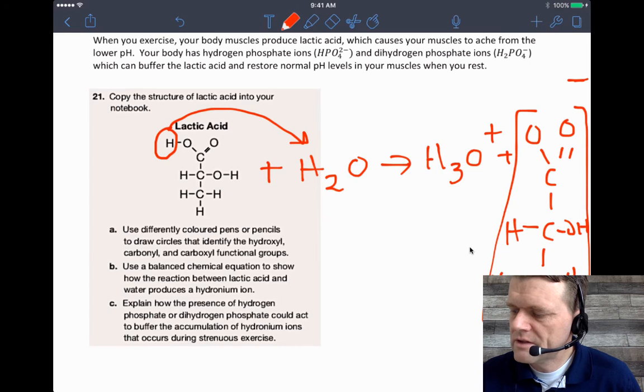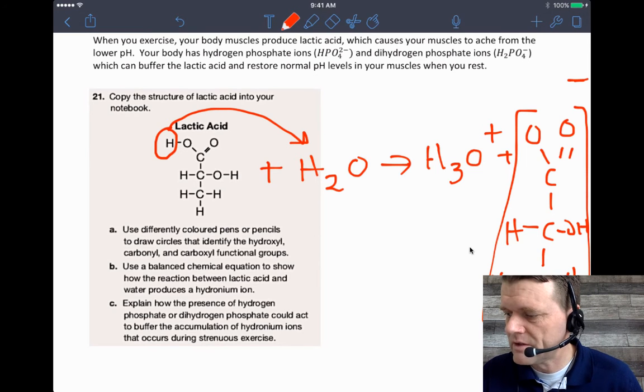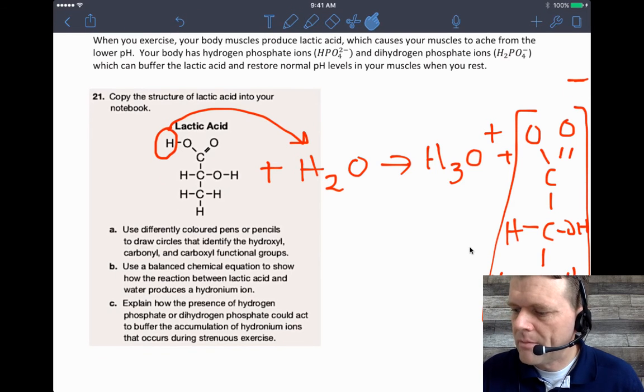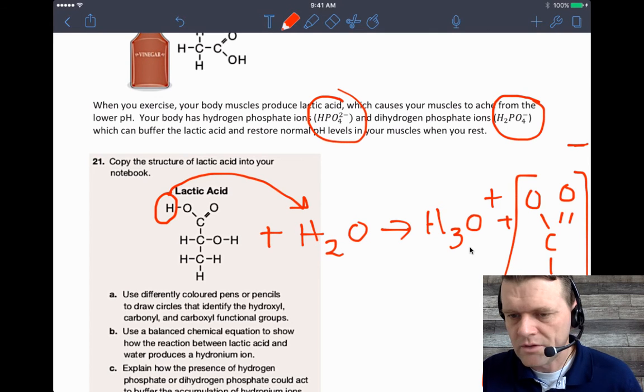And basically we're building up this acid, this H3O+ is building up in your muscles. So to neutralize that, our body has these, you can bring in these guys, okay? Hydrogen phosphate ions and dihydrogen phosphate ions, both of those guys.